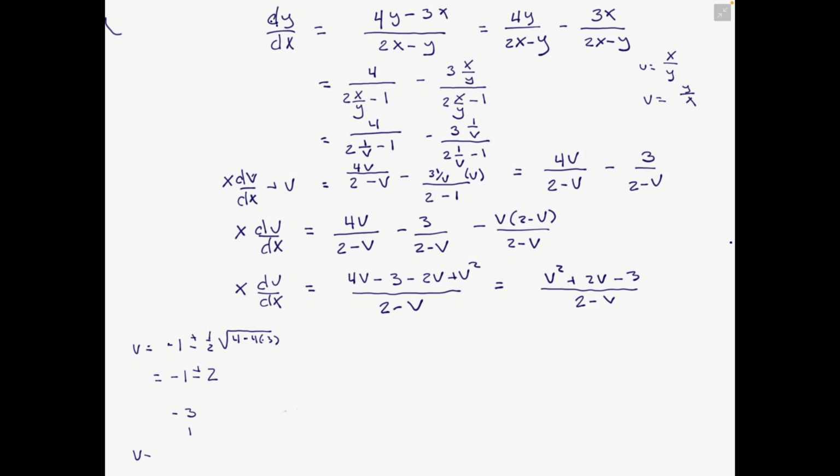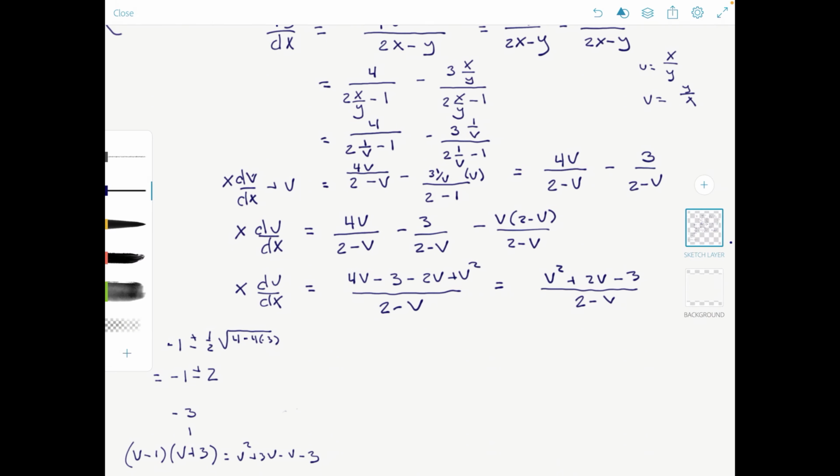So we have v minus 1 times v plus 3, and that's equal to v squared plus 3v minus v minus 3, and that gives us the numerator. So we can rewrite this. Let's give ourselves some space.